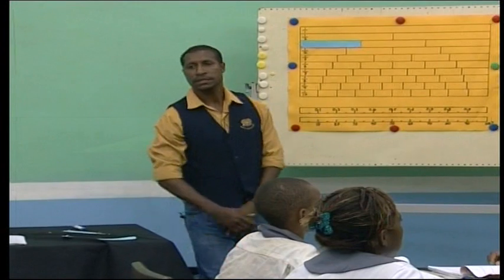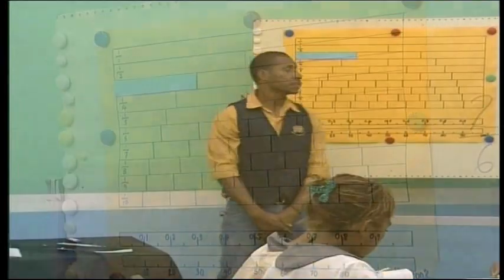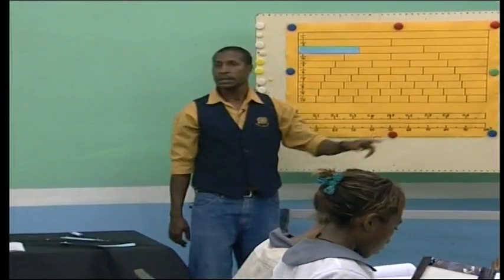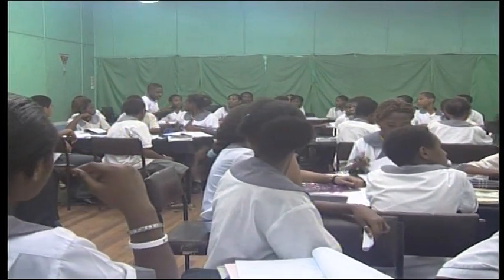Yes, Shannon. Half. Okay, good try. Okay, let's have Emmanuel. 2/3. Very good. From here to here is 2/3.